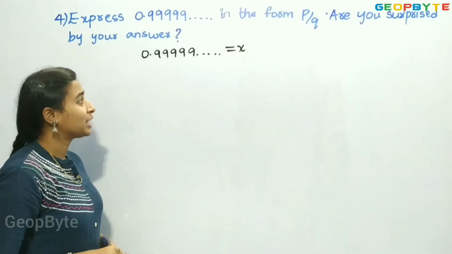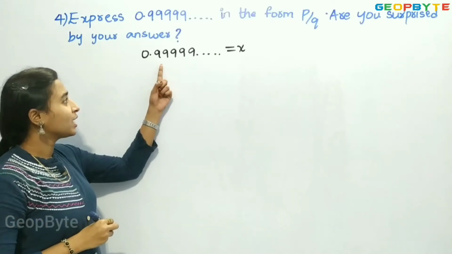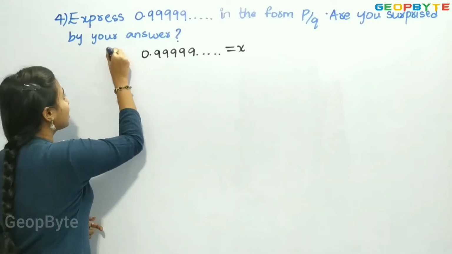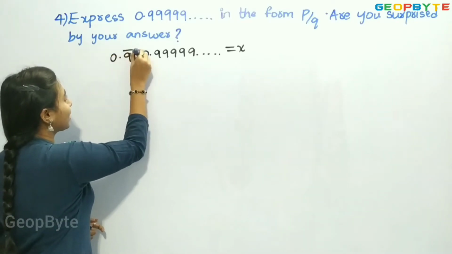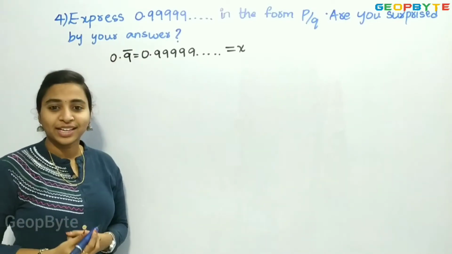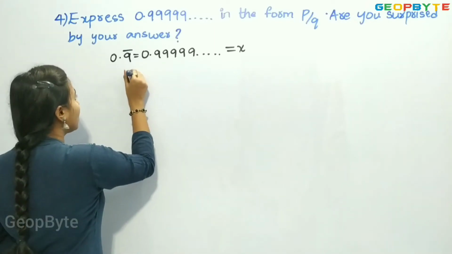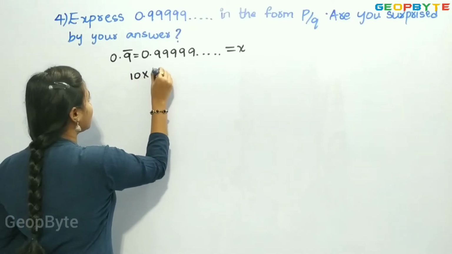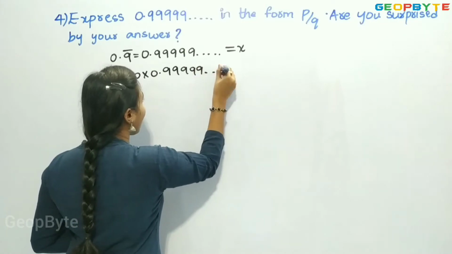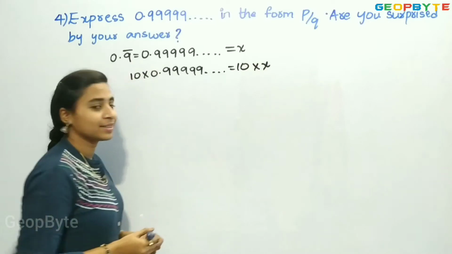Now let us multiply 10 on both the sides because here only one digit is repeating. So it is 0.9 bar. We have a bar for only one digit, that is why we are multiplying 10 on both the sides. Now 10 into 0.99999 and so on is equal to 10 into x.